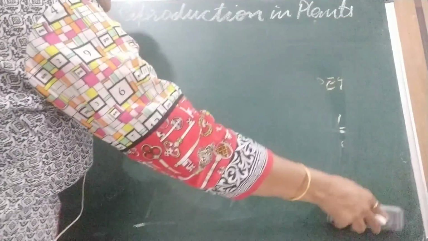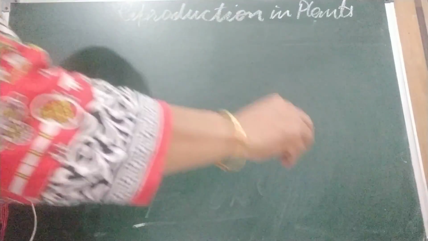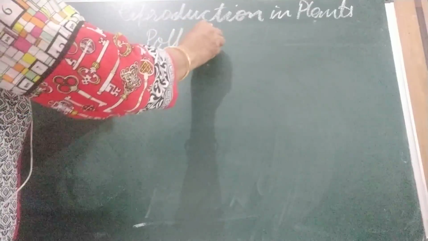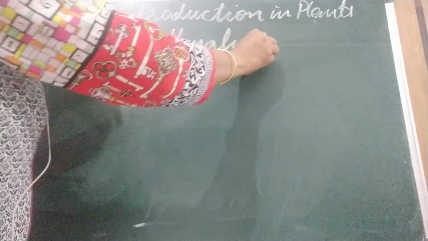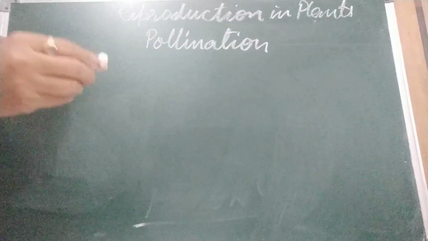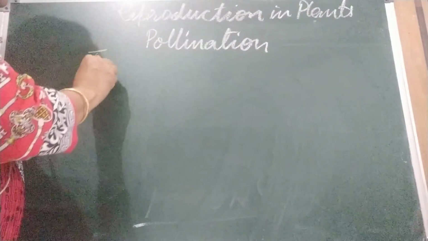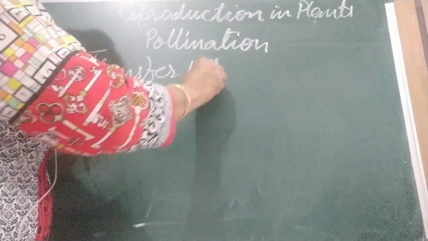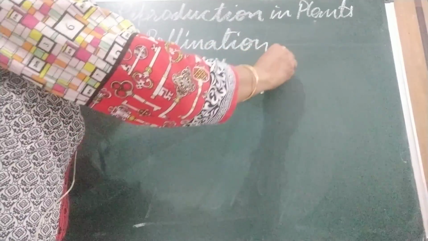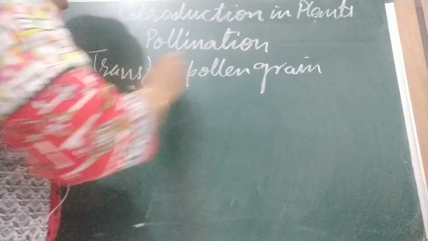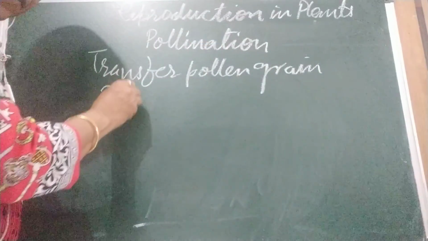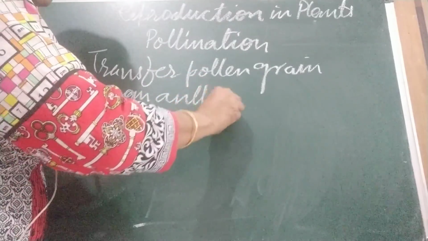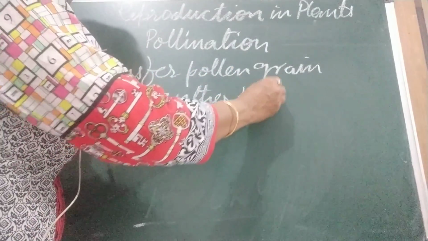Now children, our next topic is pollination. What is pollination? Pollination is the transfer of pollen grains from anther to the stigma of the flower.